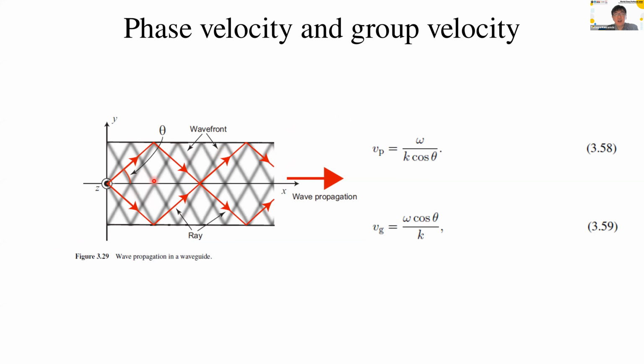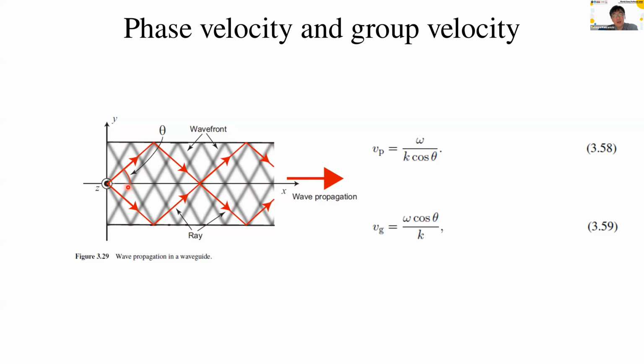And we can define the speed of the electromagnetic wave in the waveguide. The wave propagates like this if we describe the electromagnetic wave by the ray, as you can see here. So the wavefront will be like this.